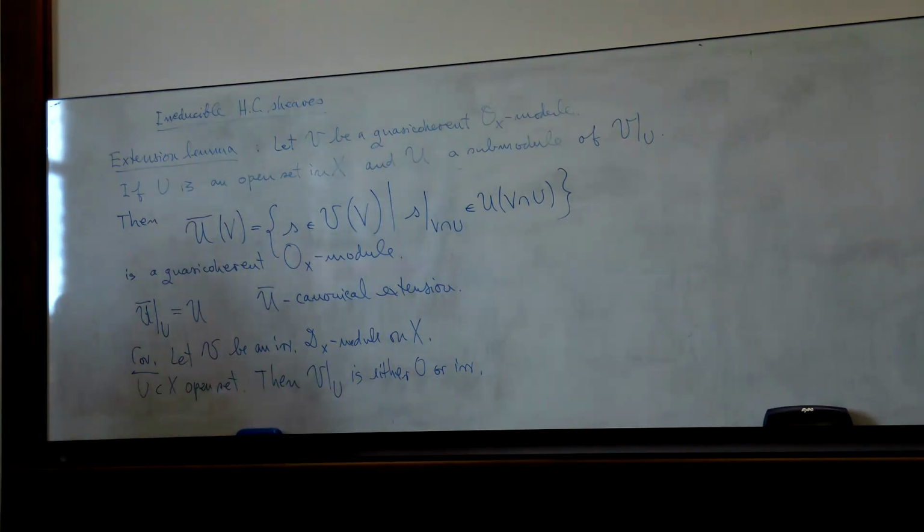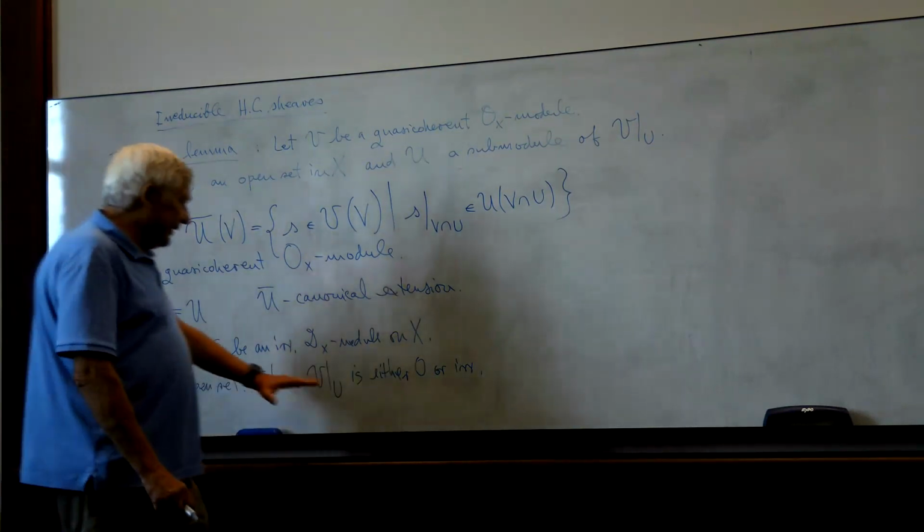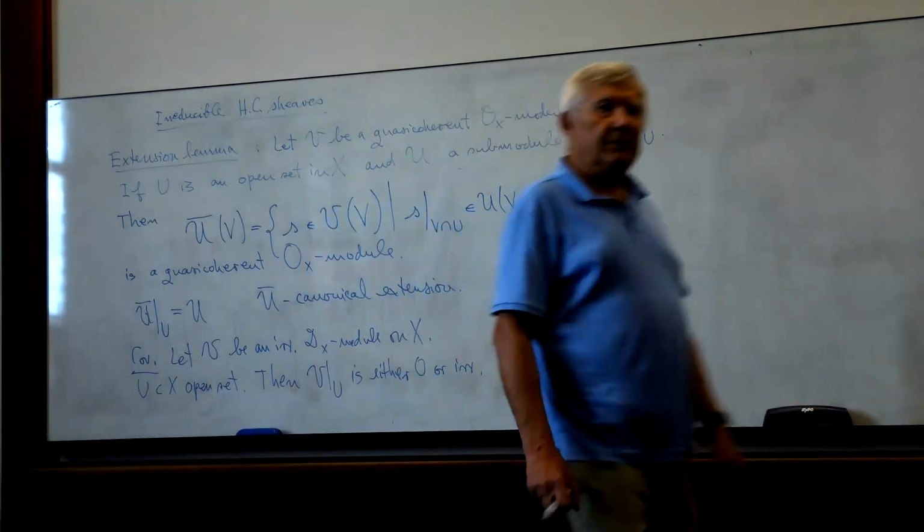So this canonical extension should be V, but then this U has to be equal to V restricted to U, or the other possibility is that it's 0, and then V restricted to U is 0. So we see that this is either 0 or irreducible.